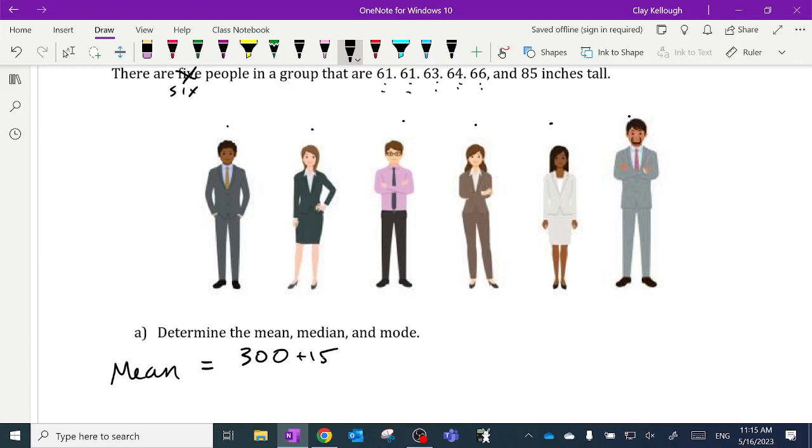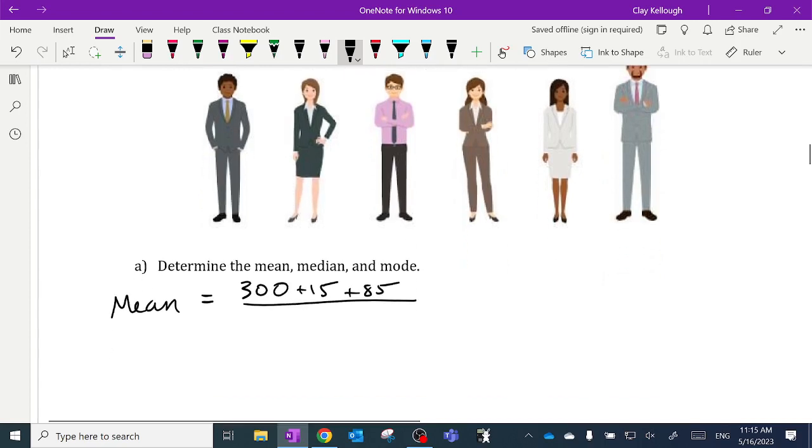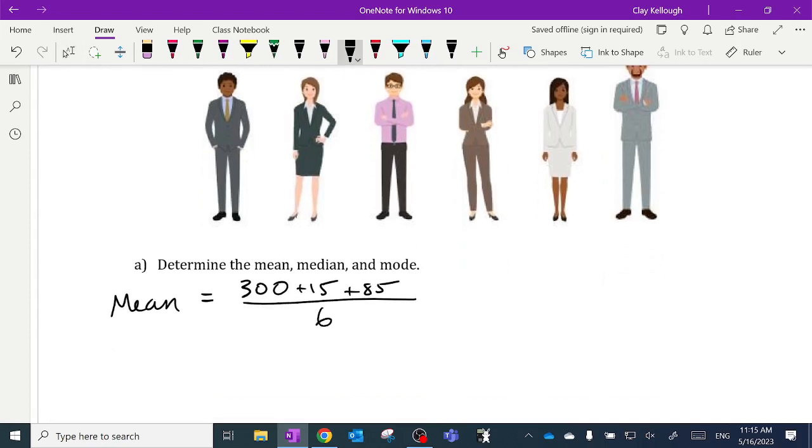So all the 60s numbers add to 315. Then we'll add the 85. And we're dividing by 6, right? There's 6 people in this data. So that's 400 over 6. If you divide that, you get 66 point, it's actually 0.6 repeating. I'll round it to one place. 66.7 inches tall is my mean.